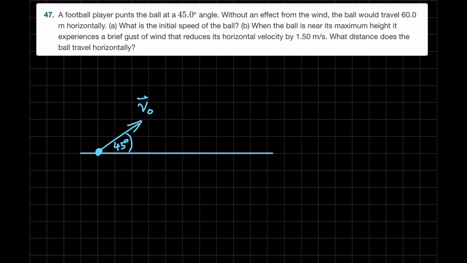Just kind of sketching a diagram of what this might look like. It doesn't have to be too artistic. It just needs to capture the basics of the problem. Now, this is what's happening, and you can imagine how the ball might travel once the person punts the ball. The ball might kind of go like that, right?